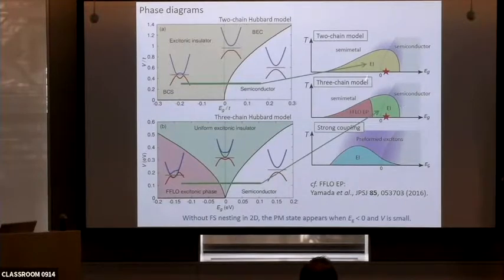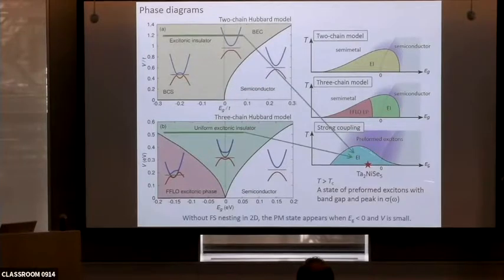Our tantalum nickel selenide may be located around here, if we assume the V interaction is weak enough. However, I think that in reality we are located here, in the semi-metallic region. The band gap is negative, but the interaction strength is strong enough. So this is the excitonic insulator state of the BEC type.